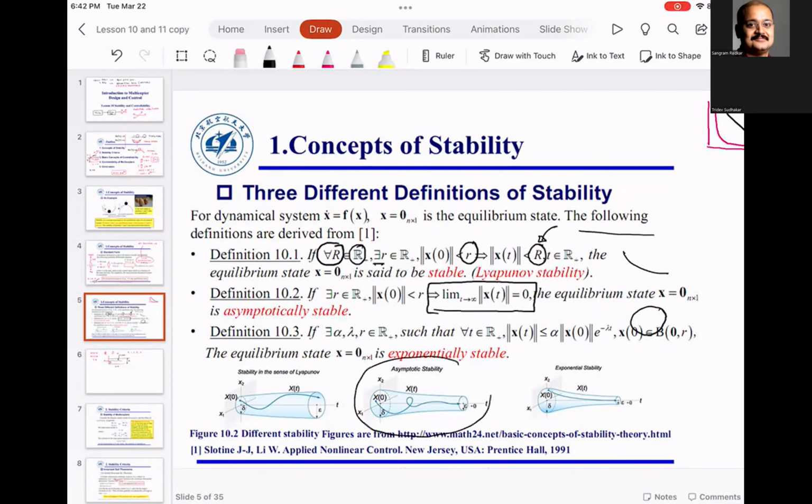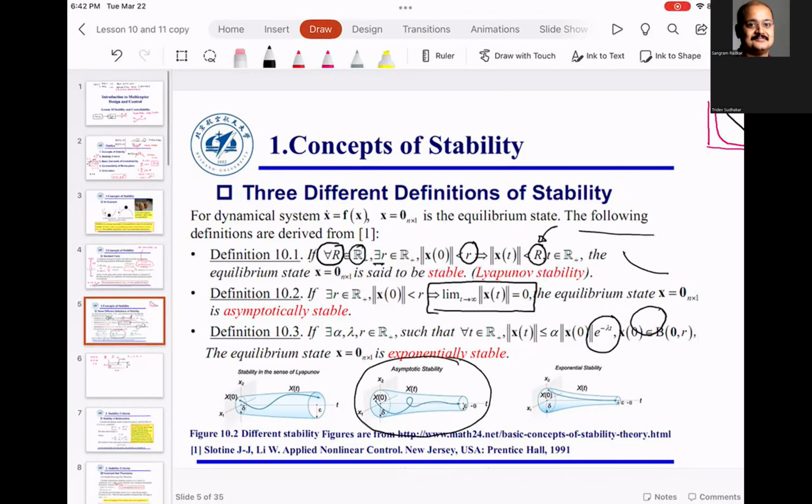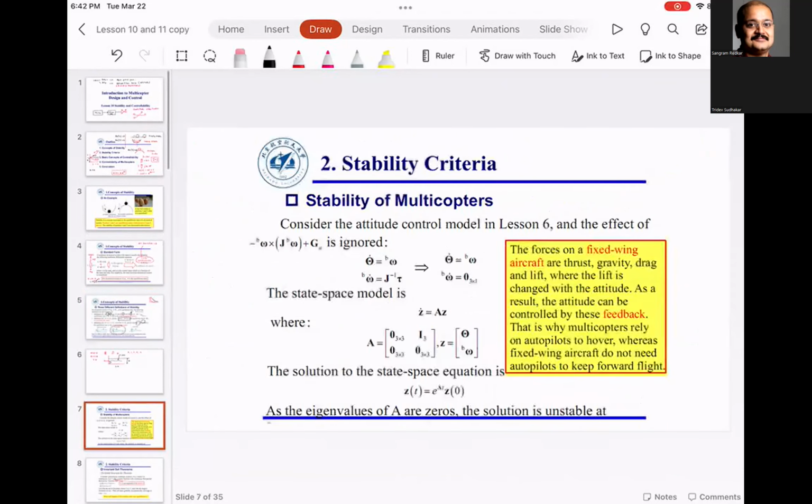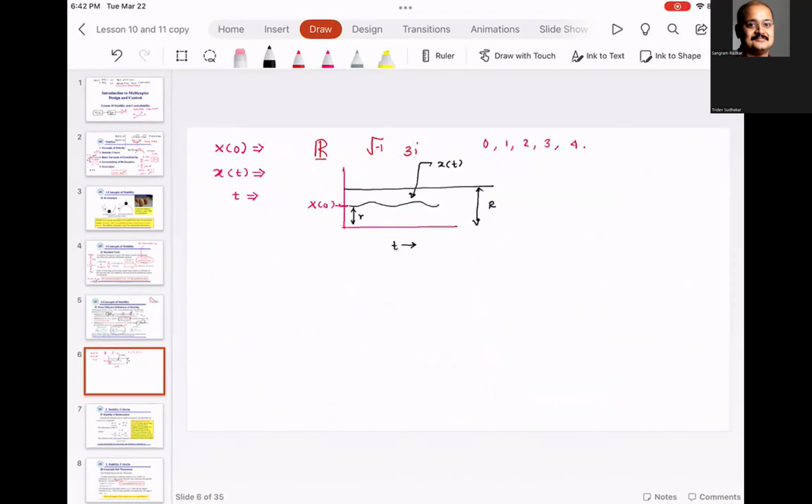So this is asymptotic stability. And exponential stability means you have sort of a stricter bound. So you want it to drop exponentially. Everyone understood this? Online students?